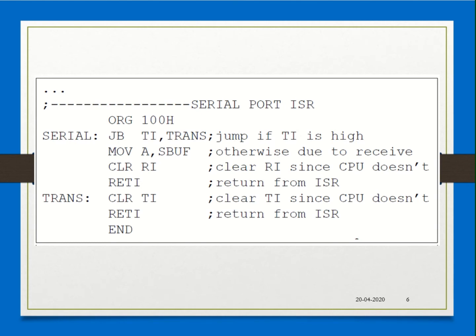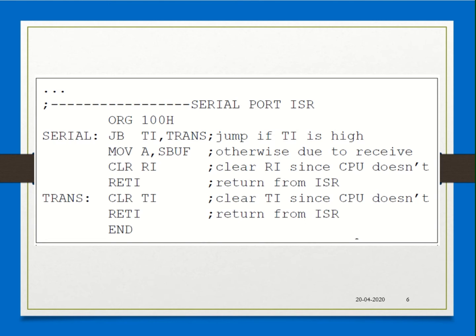The next instruction indicates that RI was set, meaning the 8-bit data that is serially received is already available in the SBUF register, so copy that to A. Then clear it. Because if you recall the RI and TI flags that we discussed in the TCON register, they are set by hardware, but they have to be cleared by software. So you have to clear RI, and RETI is your last instruction in the subroutine.